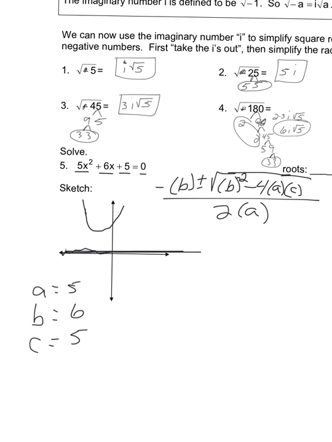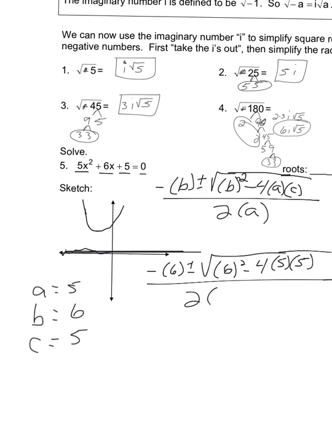I'm going to plug them back into that formula. Negative B, which is 6, plus or minus square root of B squared, so that's 6 squared, minus 4 times A, which is 5, times C, which is 5, all over 2 times A, which is 5. Now when I do this, because I know it's imaginary, if I put that into my calculator and hit enter, it's going to tell me error.